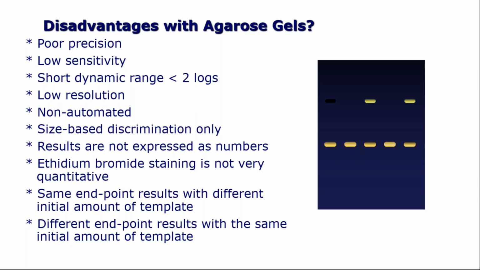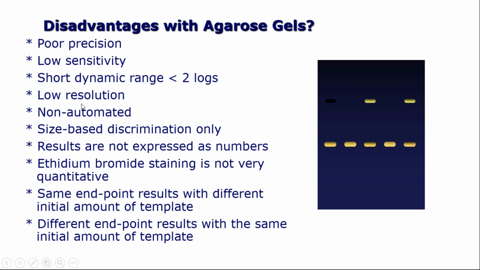But the disadvantages of just PCR with agarose gel electrophoresis is that there is poor precision. Sometimes you might get a higher amplification, and you could also get primer-dimer formation. It has low sensitivity. It has a very short dynamic range.